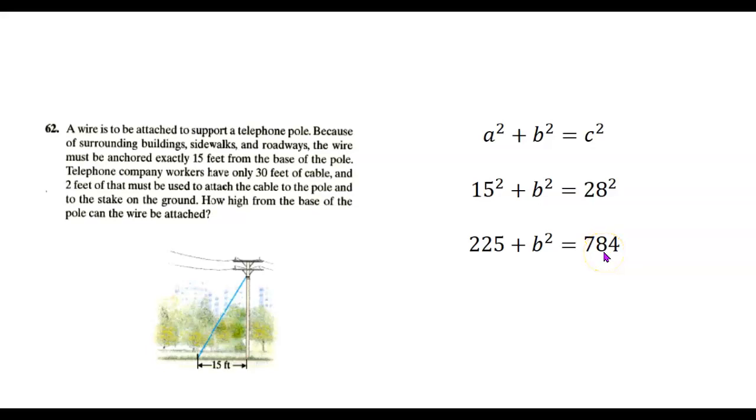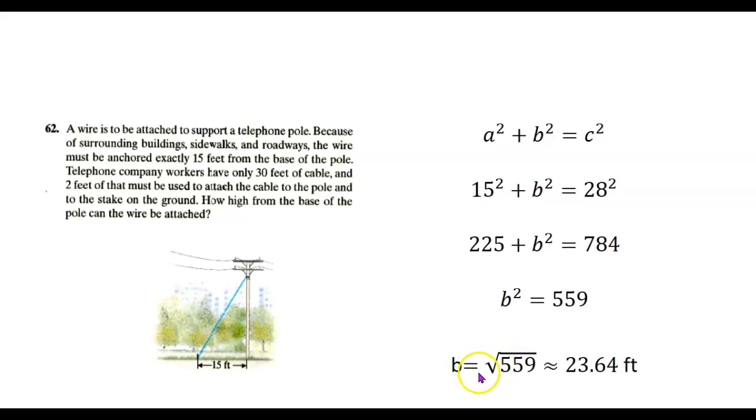What do we do now? What do we do to both sides of this equation? Subtract the 225 on both sides, and we get b squared equals 784 minus 225, which comes out to 559. Now, how do we go from b squared to just b? By taking square roots.